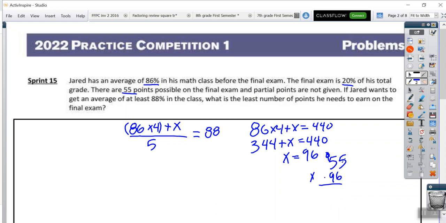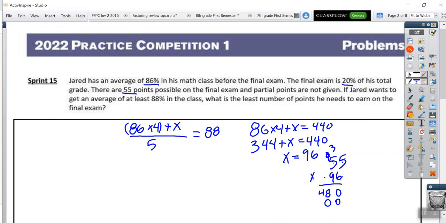All right. So 5 times 6 is 30. Carry the 3. 5 times 9 is 45, plus 3 is... wait, no. I'm doing it backwards here. 5 times 6, so add the 0. 5 times 6 is 30.